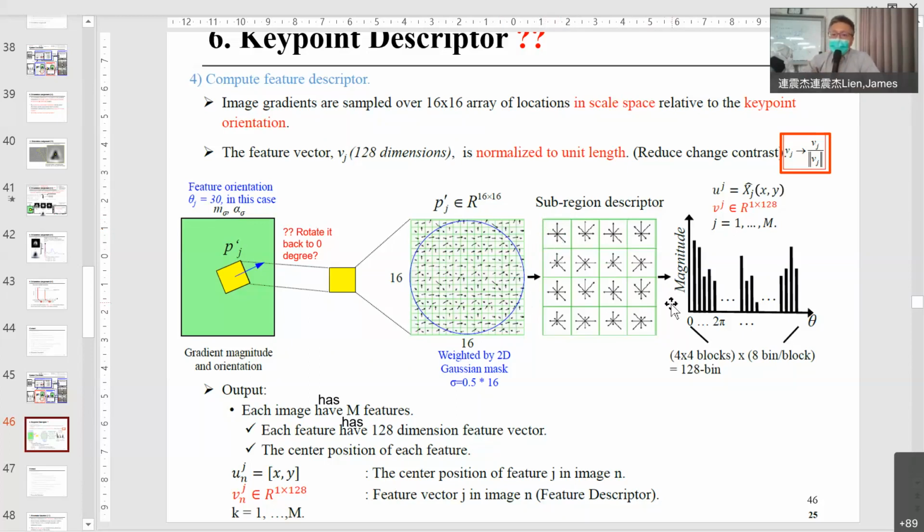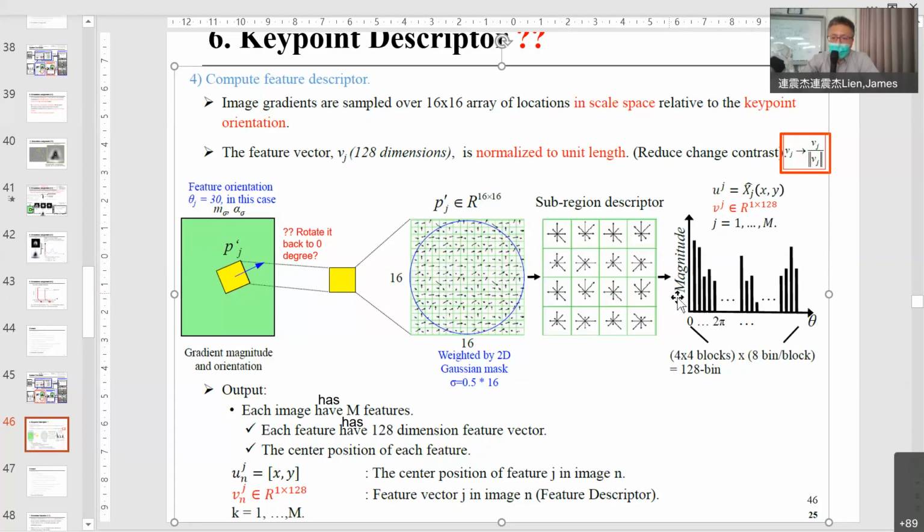Because 4 by 4 pixels is small, they only divide it into 8 directions of rotation angle. In the range 0 to 2 pi, there are only 8 bins. So for each block, there are 8 bins.